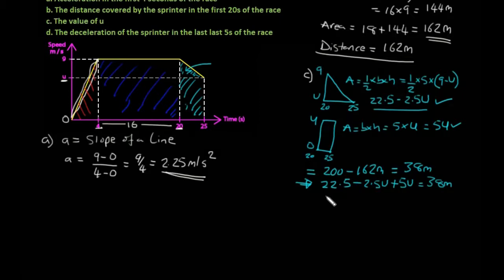We simplify this, we get 22.5 plus 2.5u is equal to 38 meters.